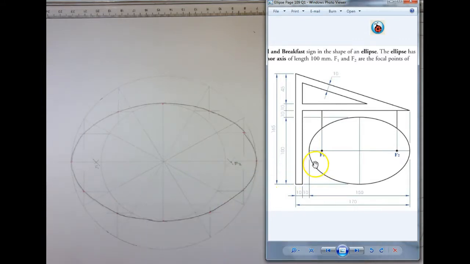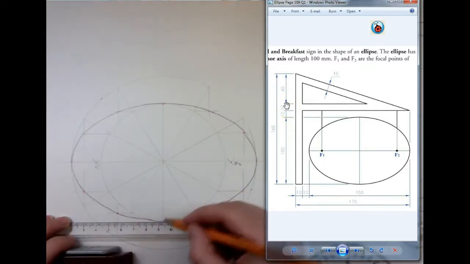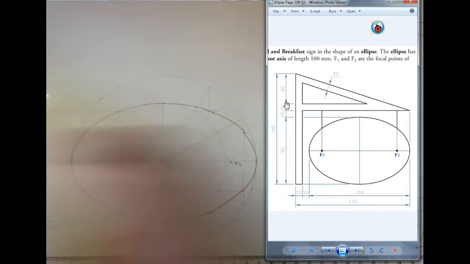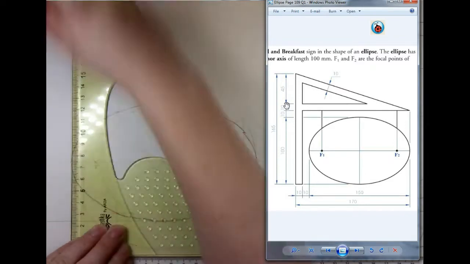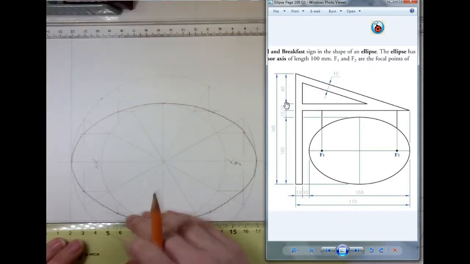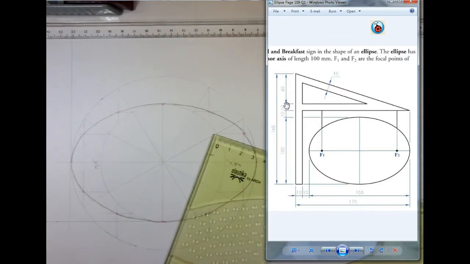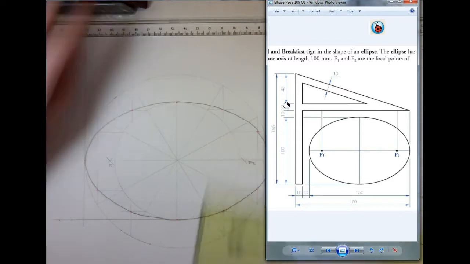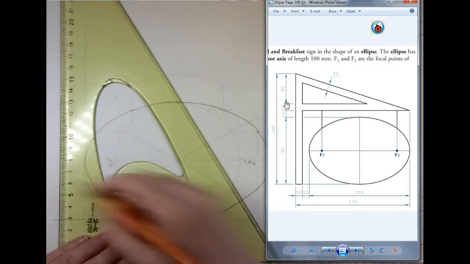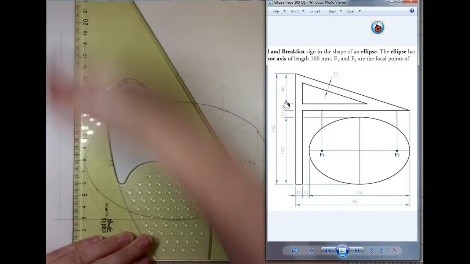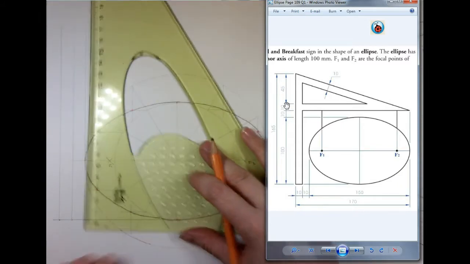Now in our construction, we're told to come out 10 and 10. With the bottom of our minor axis, we're to go up 100, 10, 10 and 45. So we're coming up 100, 10, 10 and 45.